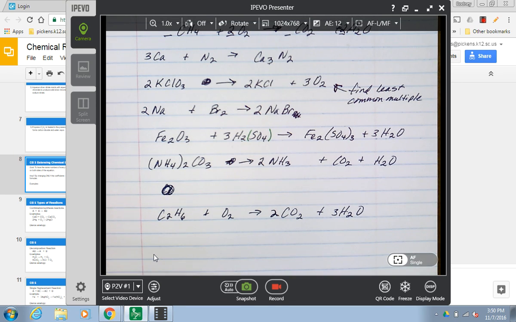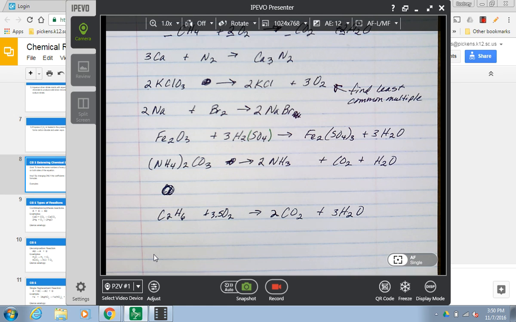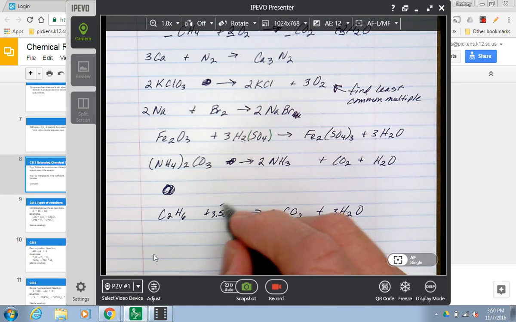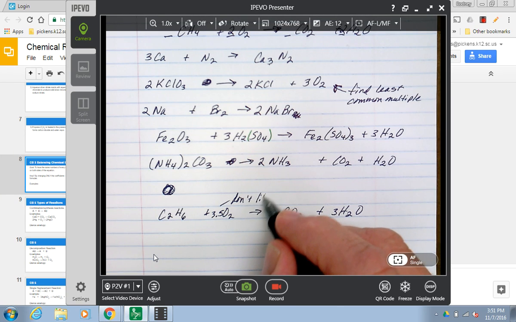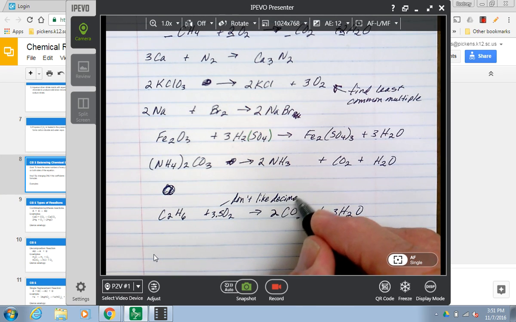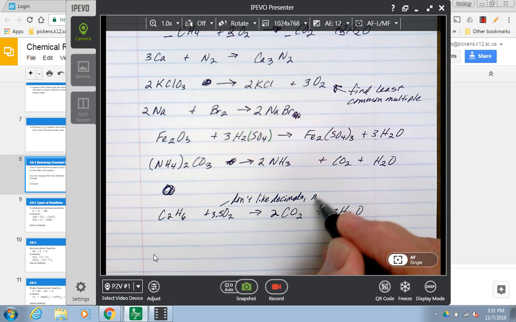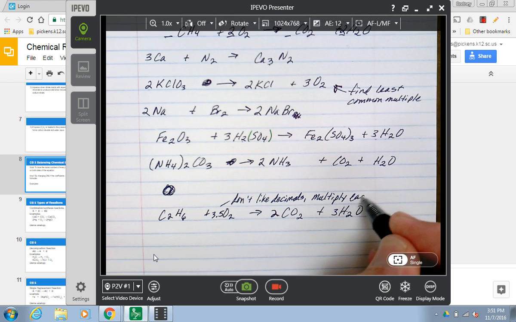Well, what can we multiply 2 by to get 7 oxygens? Well, you could multiply by 3.5, right? However, we don't like to have decimals, okay? So you might want to jot yourself a little note like that. We don't like decimals as coefficients. So what we need to do is multiply each by 2.